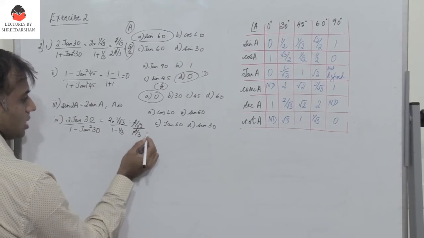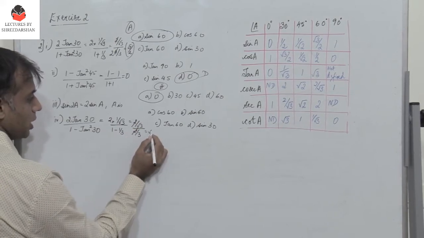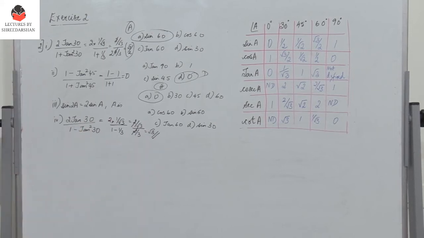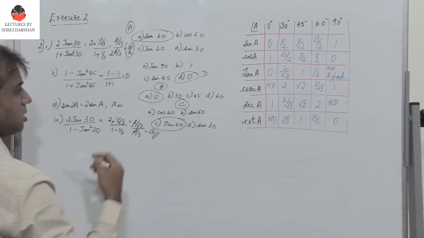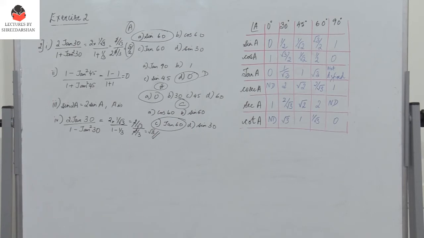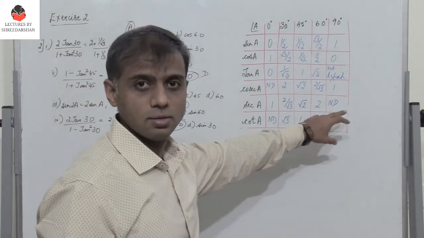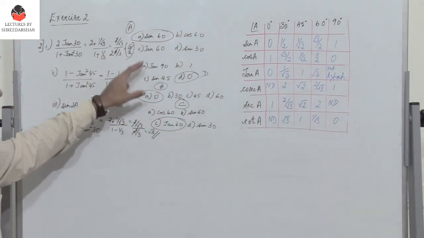So 2 gets cancelled, so 3 goes on top. So I get root 3 as the value here. So what is root 3? I get a value of root 3 for tan 60 from the table. So the answer is C here. Okay. So if I remember these values, we can directly get the answer and choose the right option.